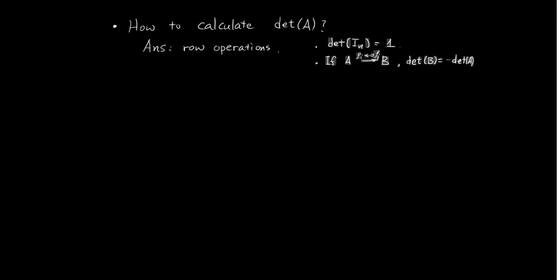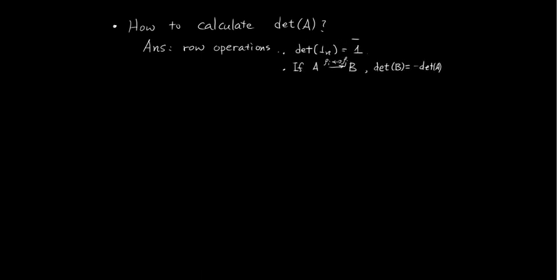Let me get it here a bit. Okay, so the first action, you swap two rows, then the determinant will change the sign. Here is a minus. And also, if you rescale a row, then the determinant will also be rescaled.